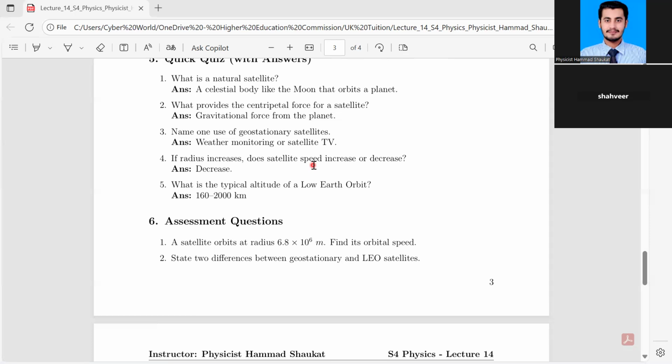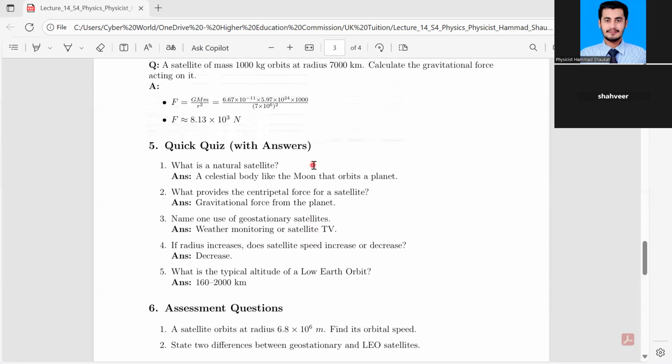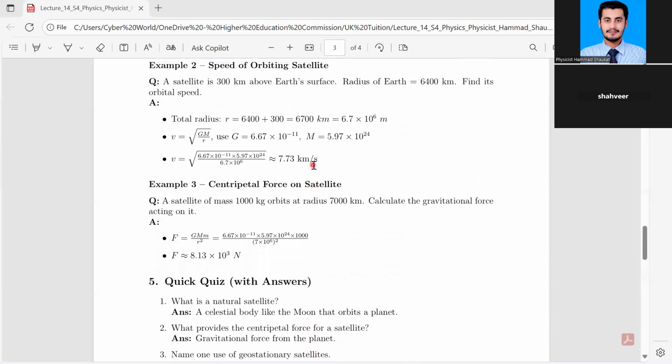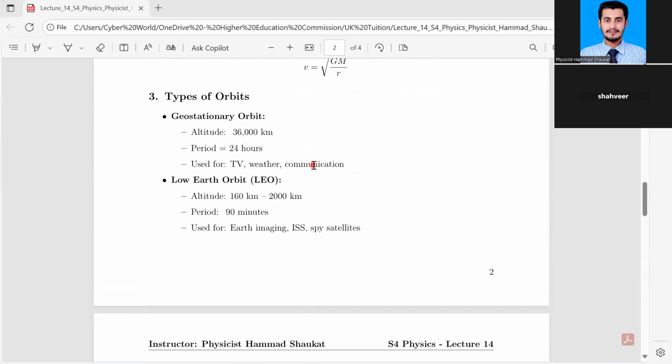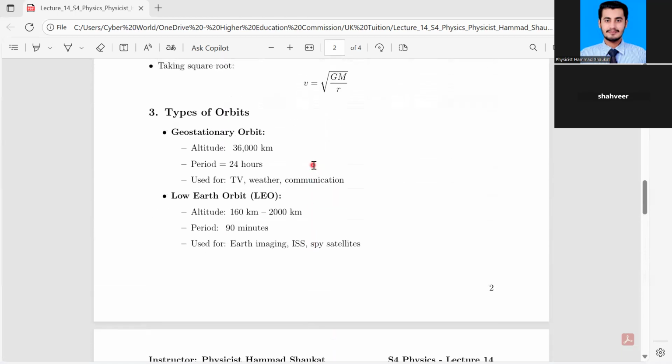And can you also tell me the altitude for geostationary orbit as well? Do you remember? 36,000 kilometers. Yes, here it is, 36,000 kilometers.